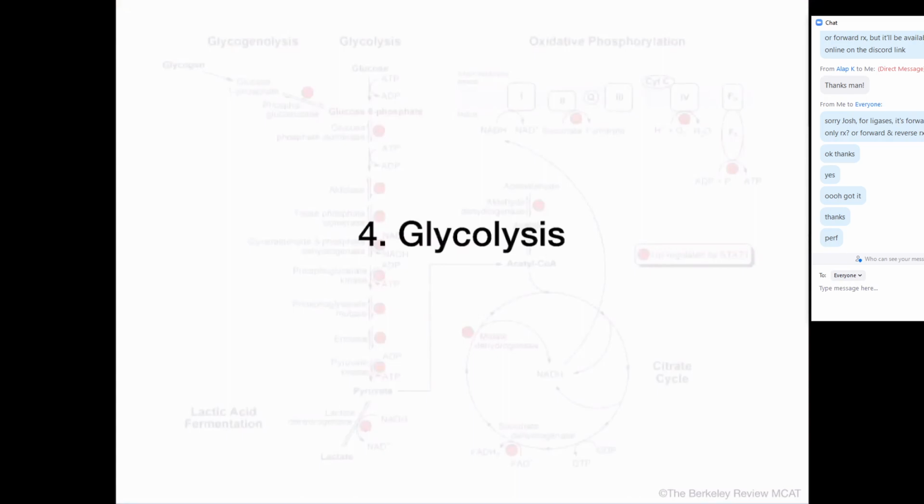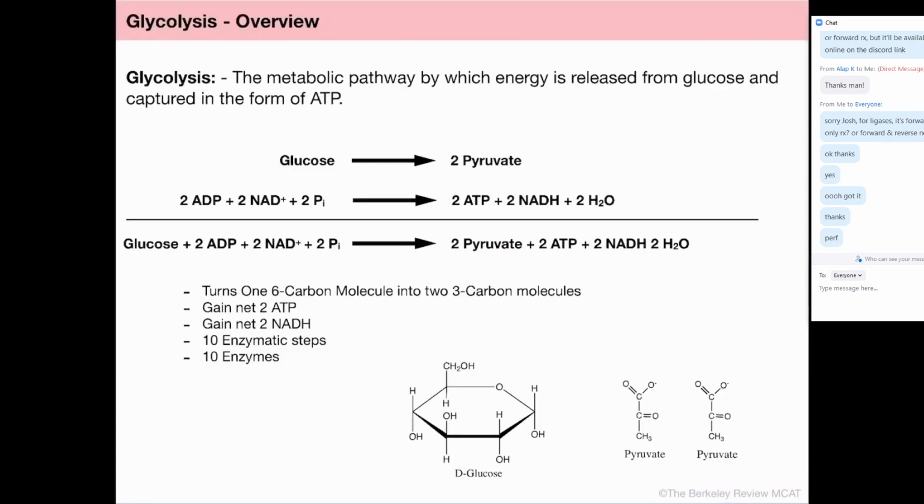Okay, so for glycolysis, here's the overview. The point is, it's the metabolic pathway at the very center of metabolism, in which energy is released from glucose and captured in the form of ATP. So it's captured as chemical energy by creating these ATP molecules.